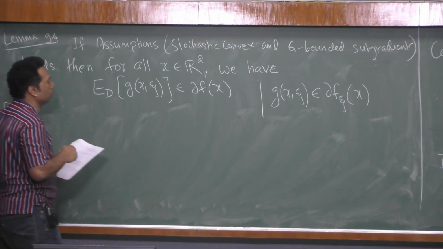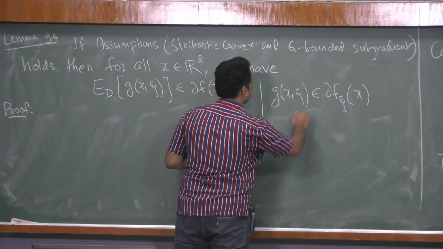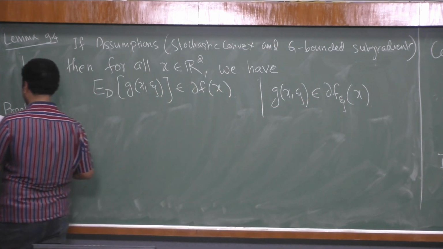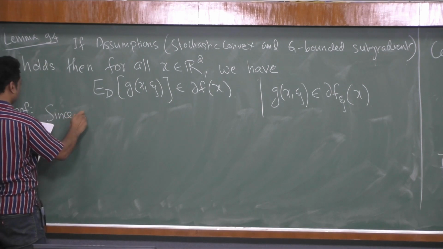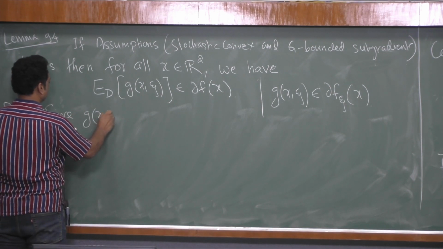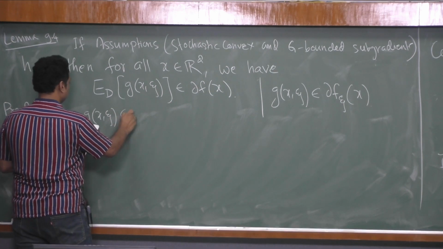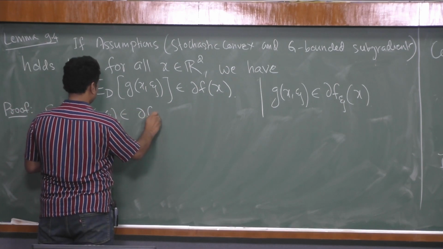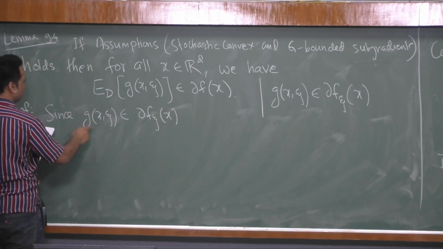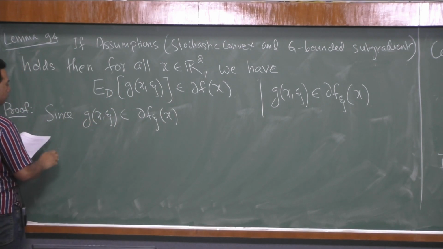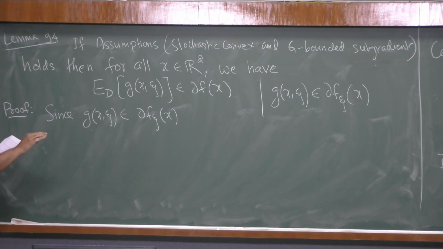So what we know is that this belongs to the subdifferential of f_j. So we use the definition of the subdifferential. Since G(x, j) is in the subdifferential of f_j at x, then by the definition of subdifferential we use that formula, right? f(y) minus f(x) minus eta times (y minus x) must be greater than or equal to 0, where eta is the subgradient.